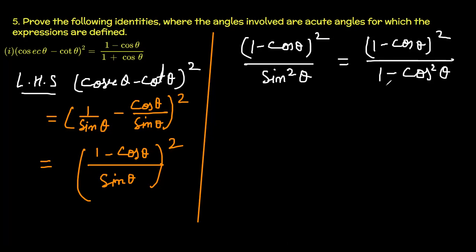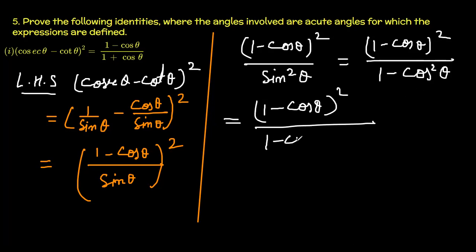Now look at the denominator, which is in the form of a square minus b square, because 1 can be written as 1 square. So this can be written as 1 minus cos theta whole square divided by 1 minus cos theta multiplied by 1 plus cos theta.